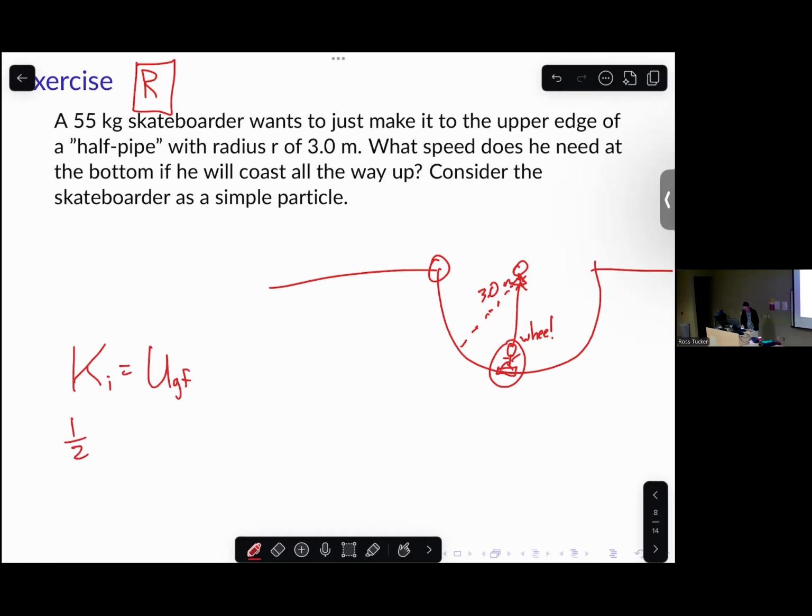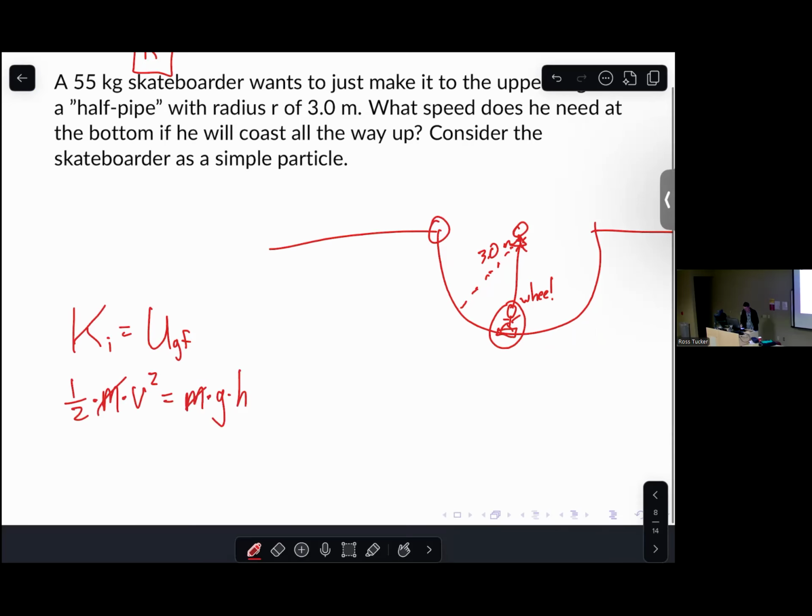I plug in. Oh, this is convenient. I don't have to use 55 twice. It cancels out. I want to find the speed. So first, I get rid of the multiplication, undo operations, reverse order of operations, and finally get velocity. I undo a square by square rooting: root 2gh. Final answer, 7.7.